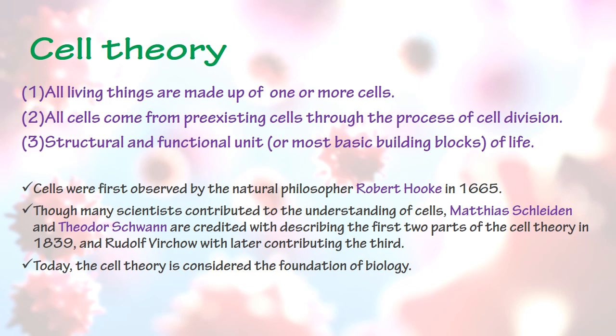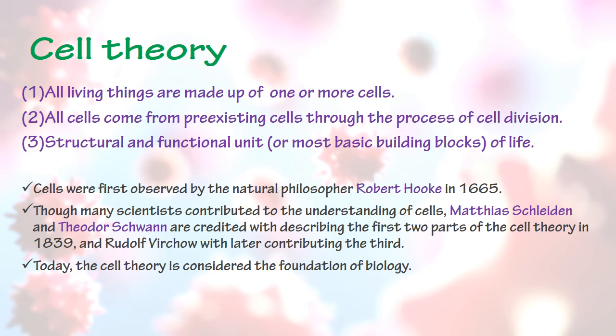Second rule, all cells come from pre-existing cells through the process of cell division. Third rule, the structural and functional unit of life is the cell. That means basic building blocks. Okay, these are the three statements of cell theory.